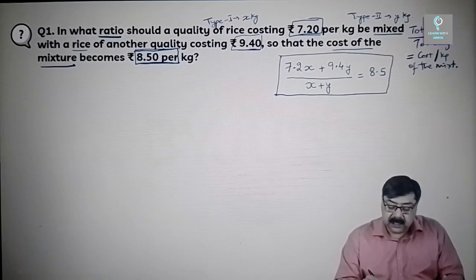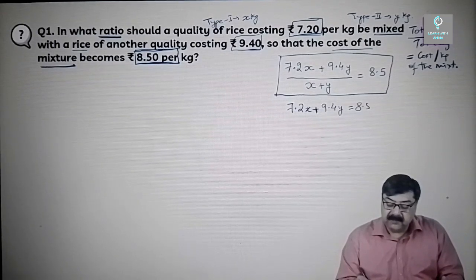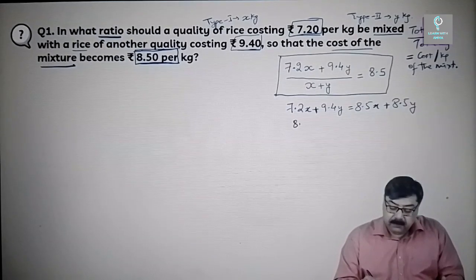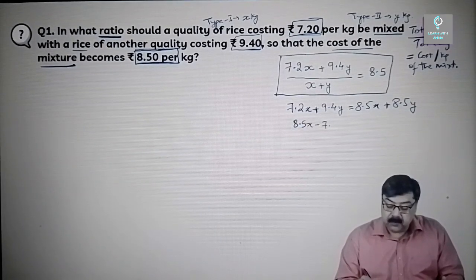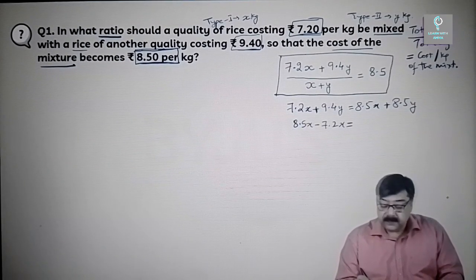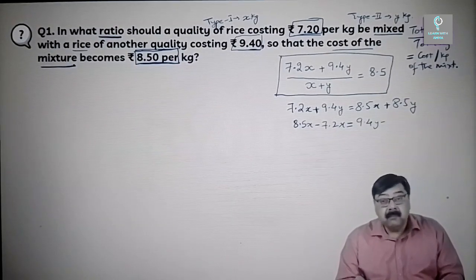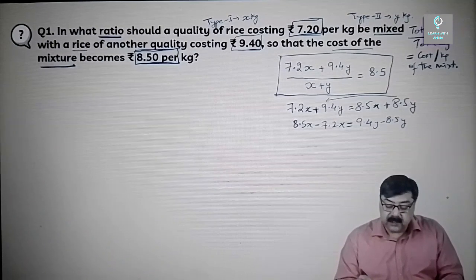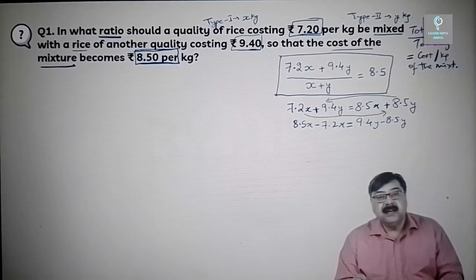Now, once we have formed this equation, we resolve it and we find out the ratio between x and y. So this shall become 7.2x plus 9.4y equals 8.5x plus 8.5y. So 8.5x minus 7.2x equals 9.4y minus 8.5y. So we're taking this value on the left hand side and this value on the right hand side.